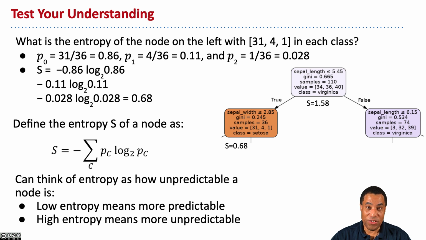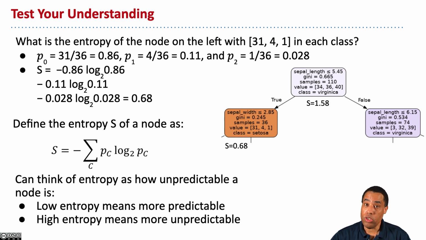So what did you come up with? Well, P sub 0 is going to be 31 out of the 36 elements that are in that node. So P sub 0 is going to be 0.86. What about P sub 1? Well, it's going to be 4 out of 36, or 0.11.